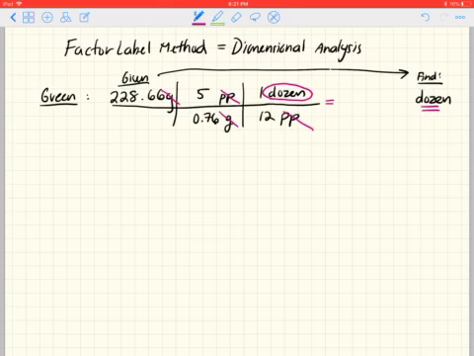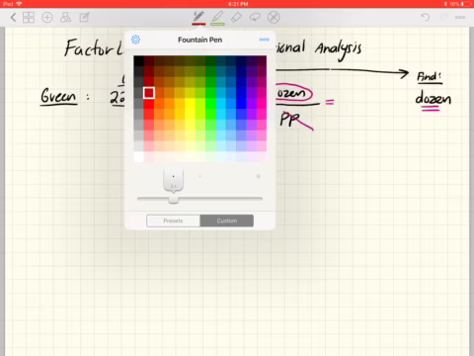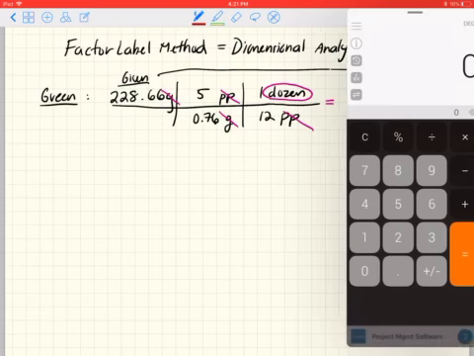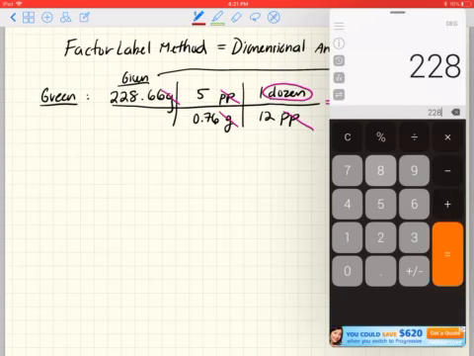So at this point, I am ready to plug this into my calculator to find my final answer. I'm going to multiply everything across, so I have 228.66 times 5 times 1 divided by everything on the bottom, so I'm going to divide by 0.76, and then I divide also by 12.